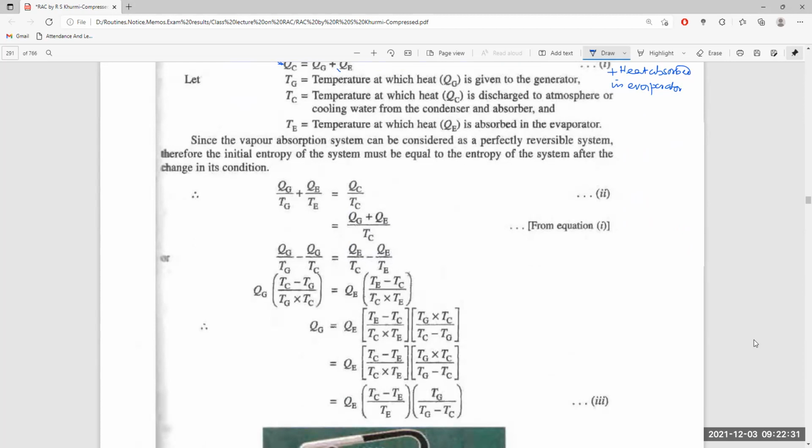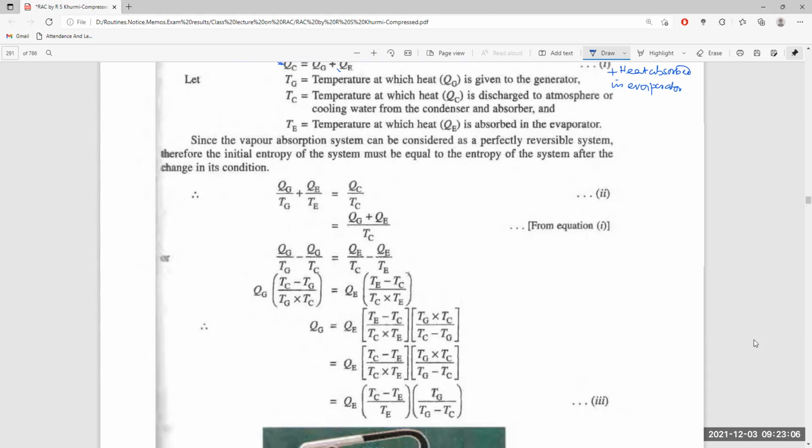Since the vapor absorption system can be considered a perfectly reversible system, the initial entropy of the system must be equal to the entropy of the system after the change in condition. For a reversible system, the heat applied to the system can be exactly brought back when removed, because the system will go back to the original state without any change to the surroundings.